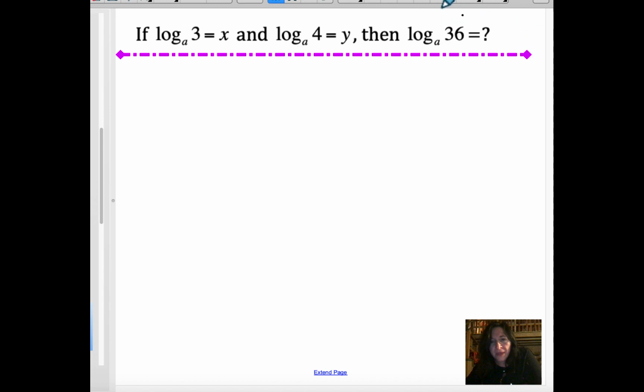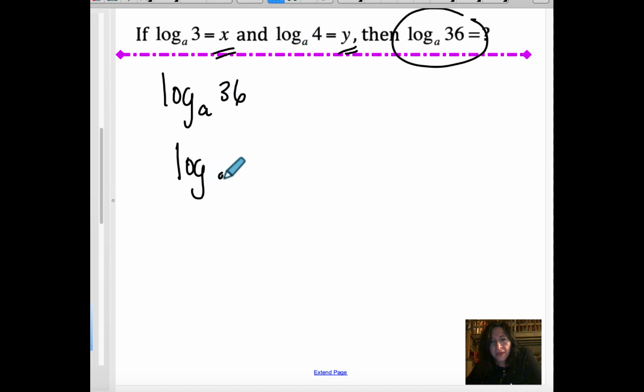This one is saying log base a of 36. Rewrite it with probably x's and y's. So if you take log base a of 36 and you break that down, 36, how do we want to break that down? 3's and 4's, so I'm going to say 9. So log base a of 9 times 4. 9 breaks down to 3 squared.